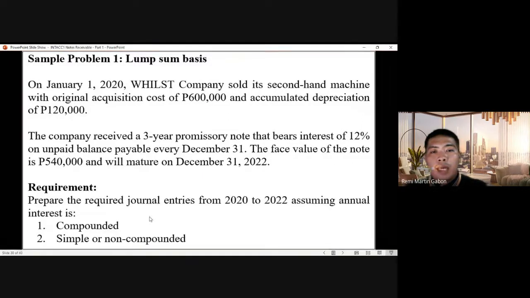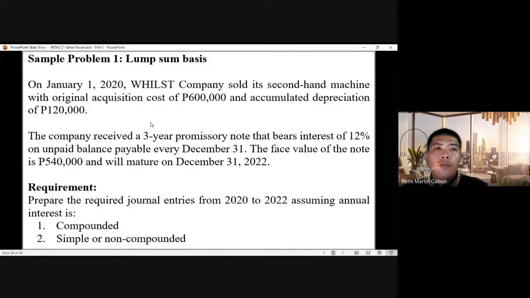Then yung requirements sa atin is, are journal entries from 2020 to 2022. Assuming daw annual interest is compounded or simple or non-compounded. So important points for the problem.